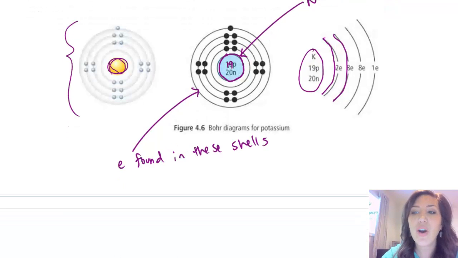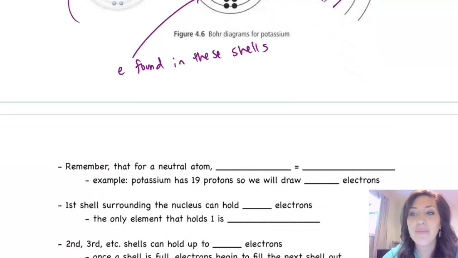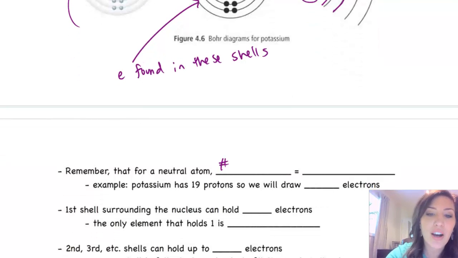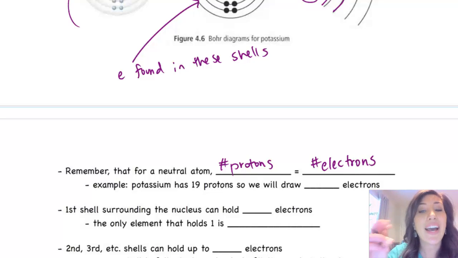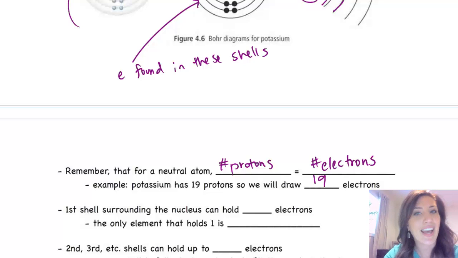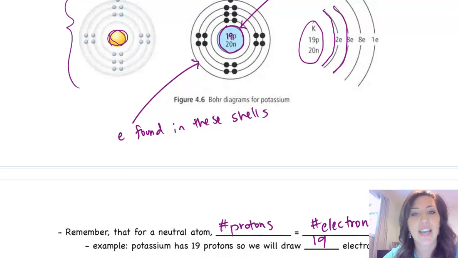Now we know that in a neutral atom, the number of protons is equal to the number of electrons. So that means that for an example like this, potassium, if it has 19 protons, we're going to draw 19 electrons surrounding it. So let's double check.